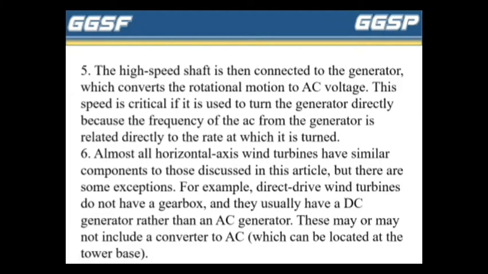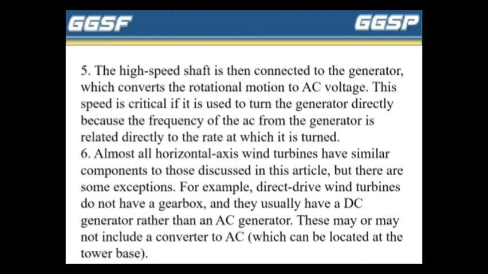The high-speed shaft is connected to the generator, which converts the rotational motion to AC voltage. This speed is critical if it is used to turn the generator directly, because the frequency of AC from the generator is related directly to the rate at which it is turned.